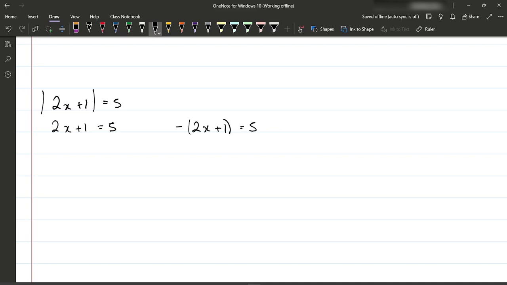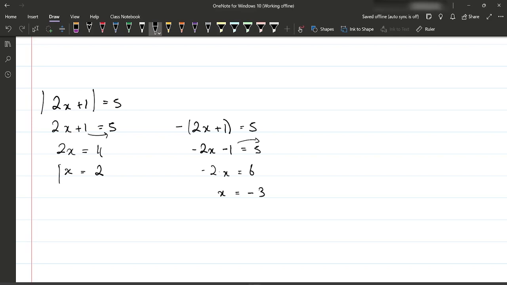So this is basically everything you have to do. Here we can solve for 2x equals 4, take the 1 to the other side, x equals 2. And then here we have minus 2x minus 1 equals 5, so minus 2x should be equal to 6, and then x should equal minus 3.